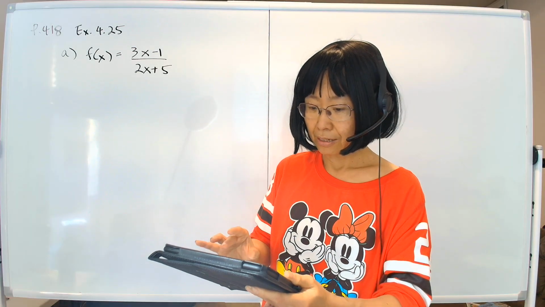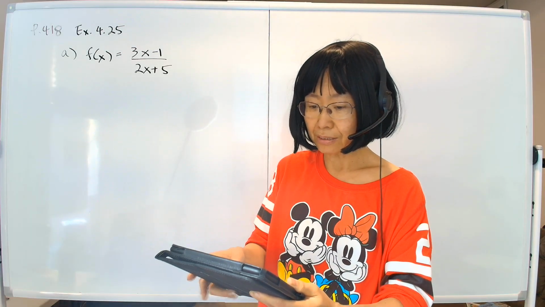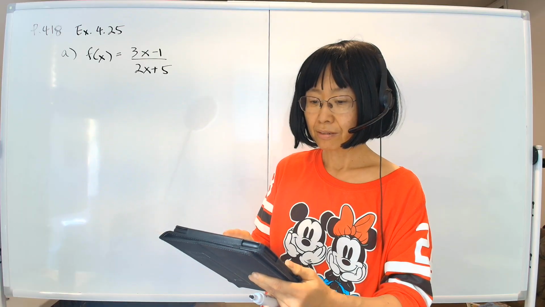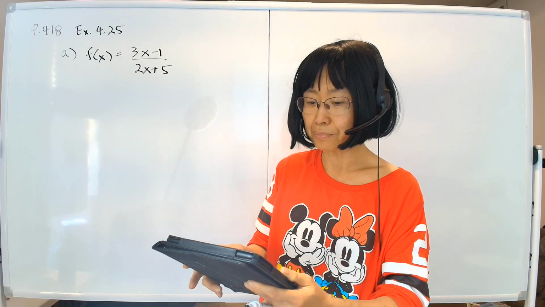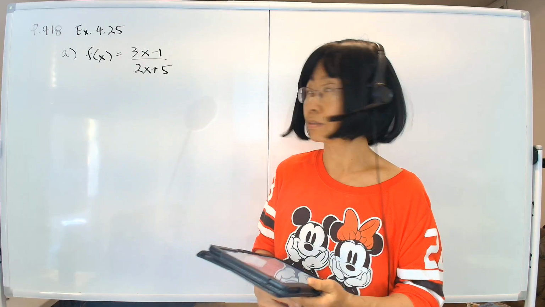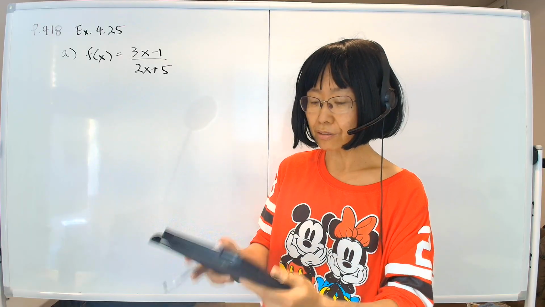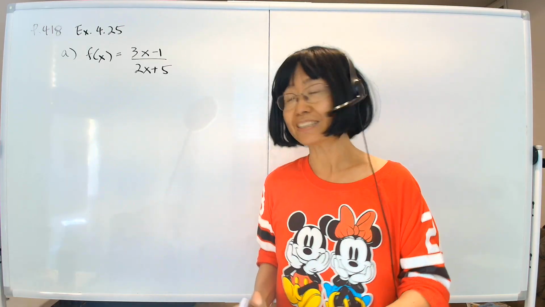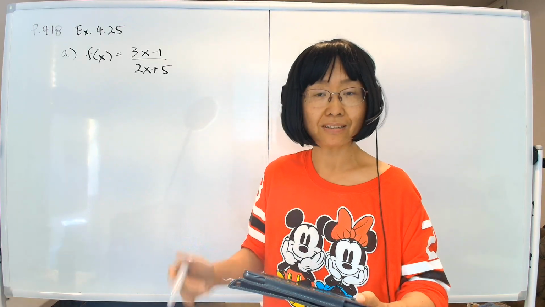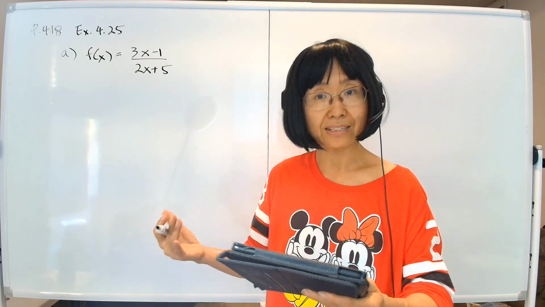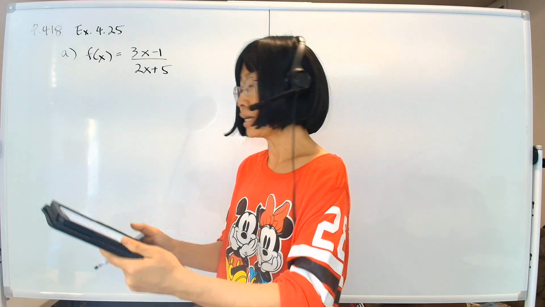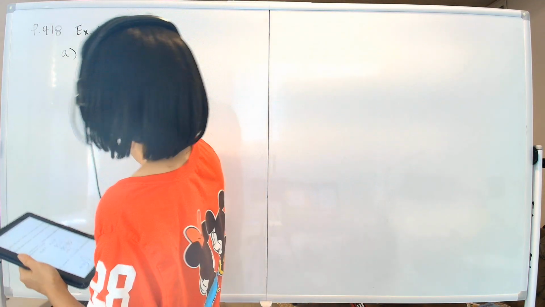So how are we going to calculate the limit as x approaches infinity? We are going to calculate it by pulling the trick that we just did earlier, that is, dividing the x out.